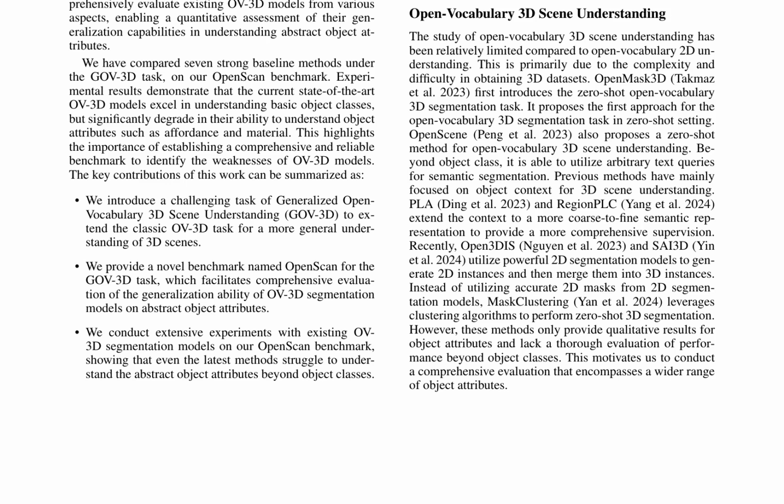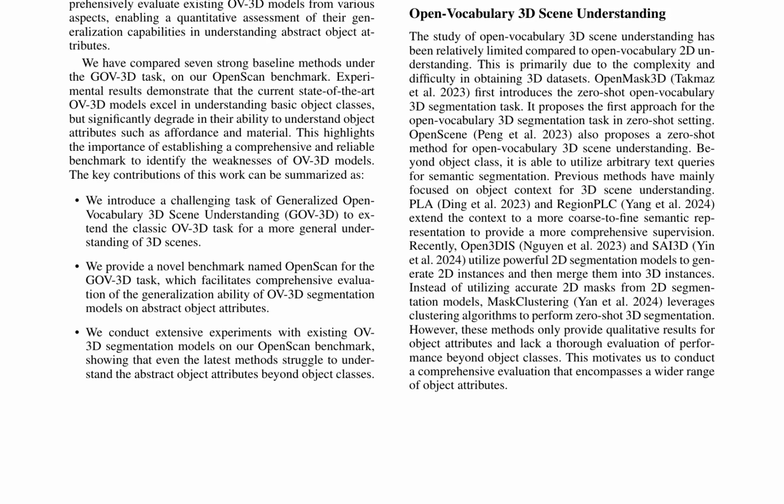These methods primarily focus on object context for 3D scene understanding and utilize powerful 2D segmentation models to generate 2D instances that are then merged into 3D instances. However, these methods only provide qualitative results for object attributes and lack a thorough evaluation of performance beyond object classes.